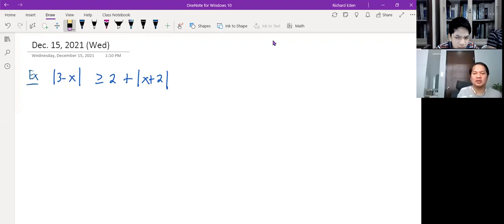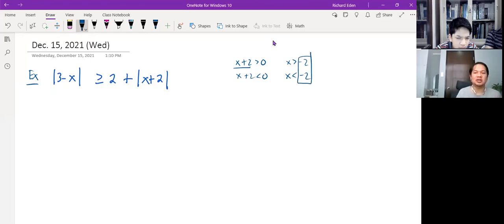So for example, if you look at x plus 2, sometimes this is going to be positive and sometimes this is going to be negative. This is going to be positive when x is greater than negative 2, and this is going to be negative when x is less than negative 2. So x plus 2 turns at the number negative 2.